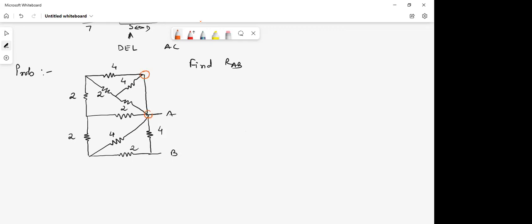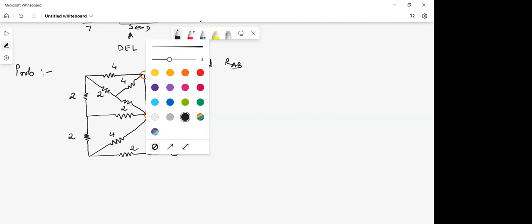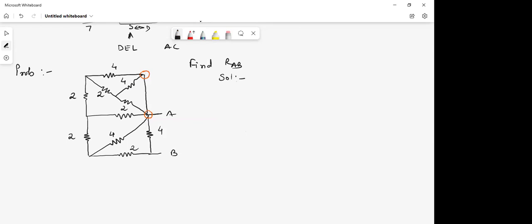And hence electrically they are the same, hence they can be merged. Understood? So I will make use of this particular information and develop my solution. See, solution step A. Since these 2 points are shorted, we will just get both of them merged together.